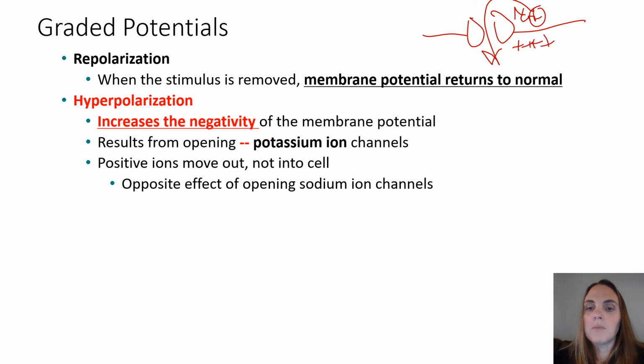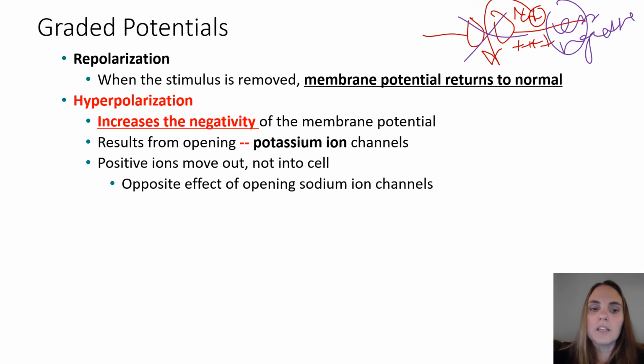It made the membrane potential less negative. So after that, if we remove the stimulus that caused this channel to open and we close these channels, the membrane potential is going to return to normal. It's going to go back to its original value, and that's called repolarization.